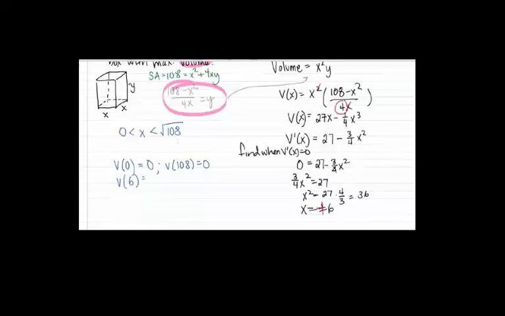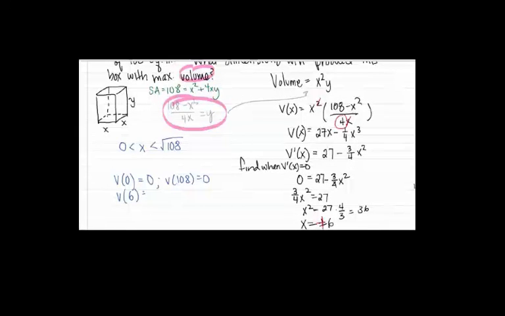So the volume, if x is 6, is going to be, and here's our volume equation in terms of x, we can use either one of these. I'm actually going to go ahead and use this one. That'll be 27 times 6 minus 1/4 times 6 cubed, which is going to be 108.